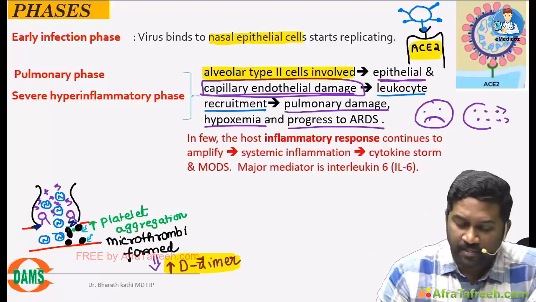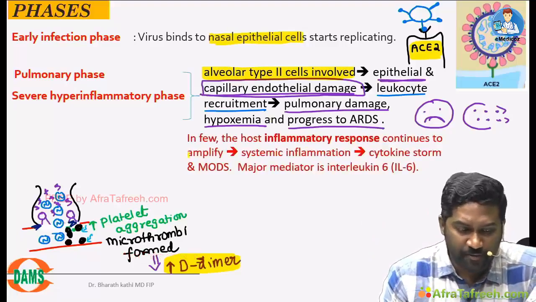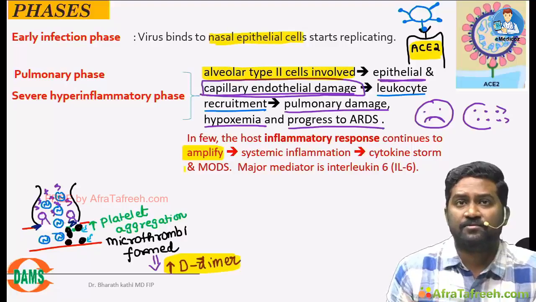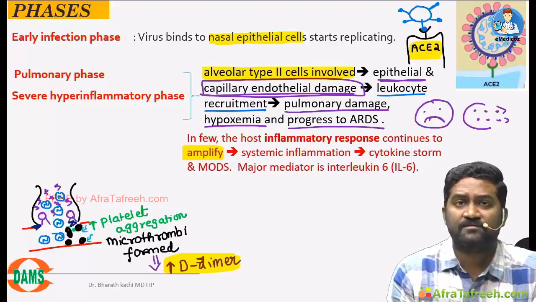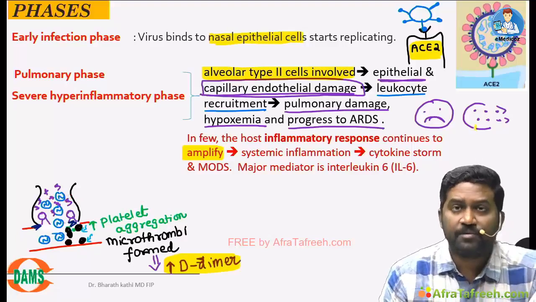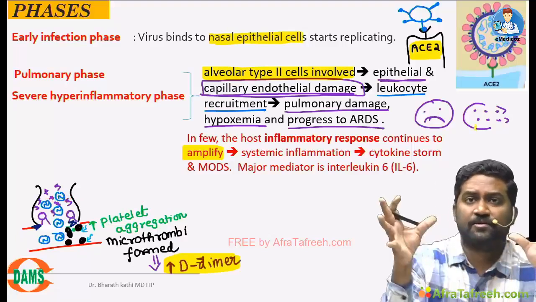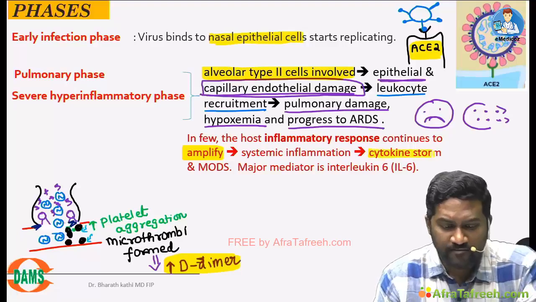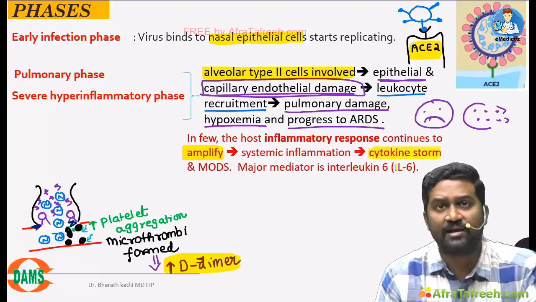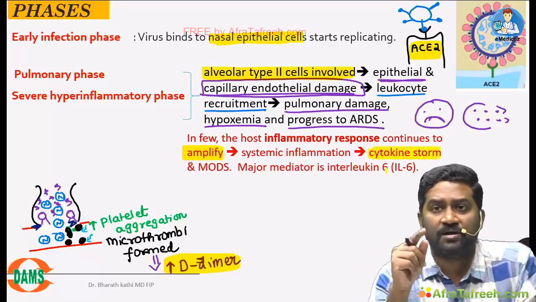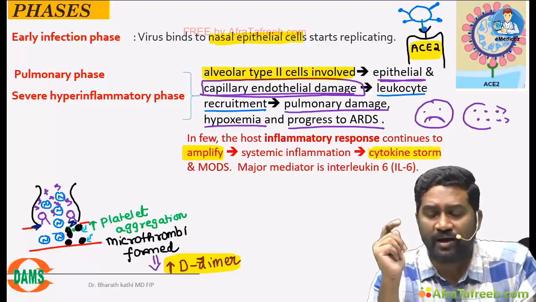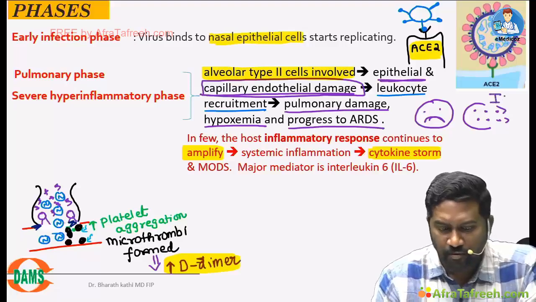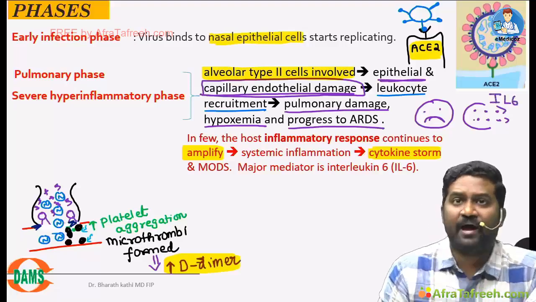In a few, the host inflammatory response continues to amplify. Once it continues to amplify, there will be a systemic inflammation, and because all these immune cells are breaking down just like a suicide squad, all the cytokines will be released suddenly like a storm. This phenomenon is called cytokine storm, and out of these cytokines released, the most important mediator is IL-6.